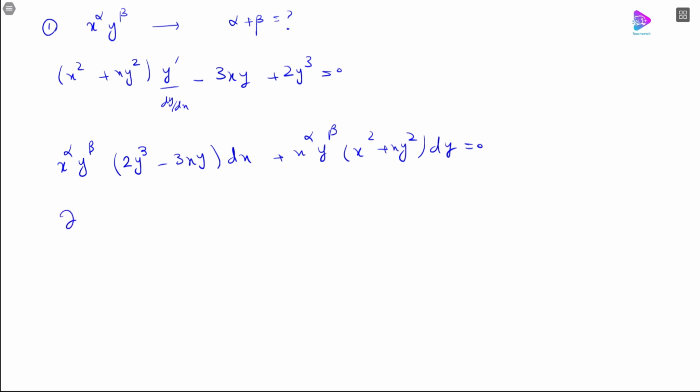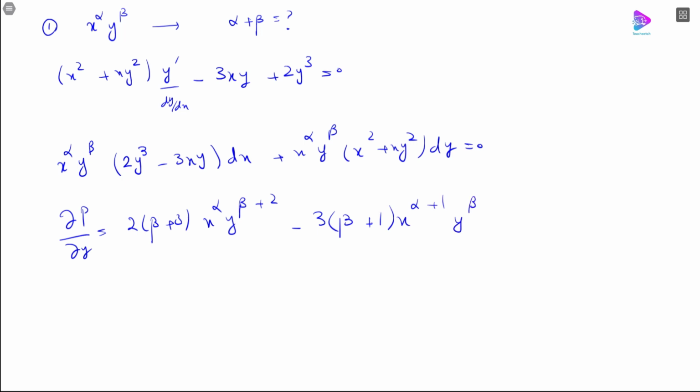So from here, dP over dy is equal to (2 beta plus 3) x to the power of alpha, y to the power of beta plus 2, minus (3 beta plus 1) x to the power of alpha plus 1, y to the power of beta.